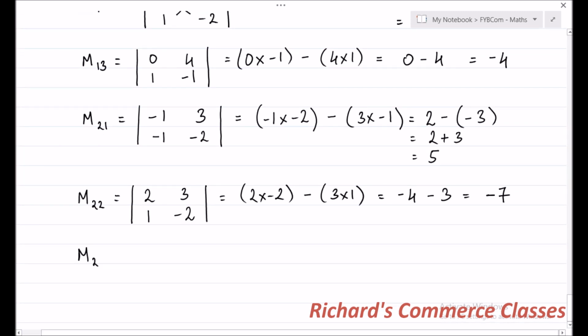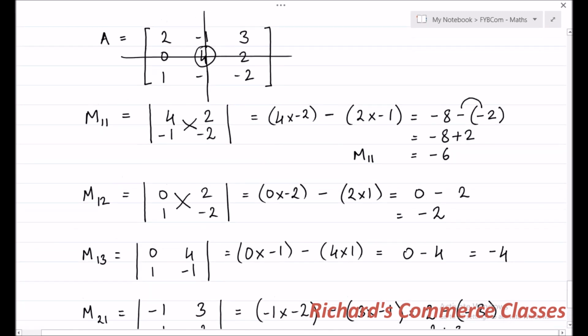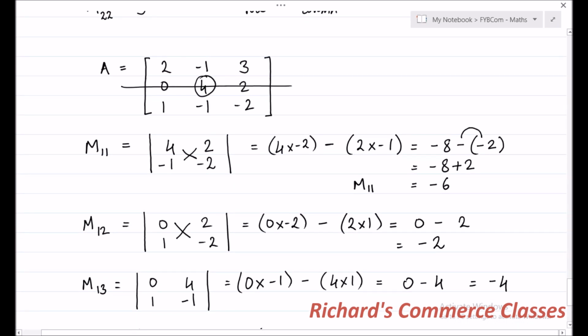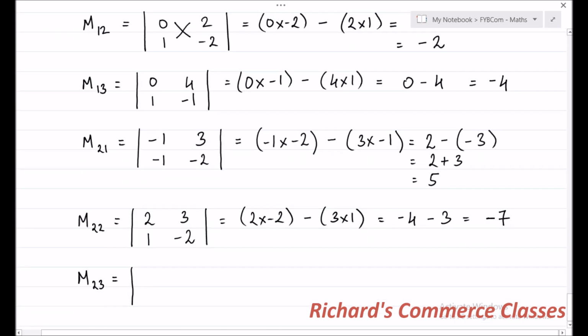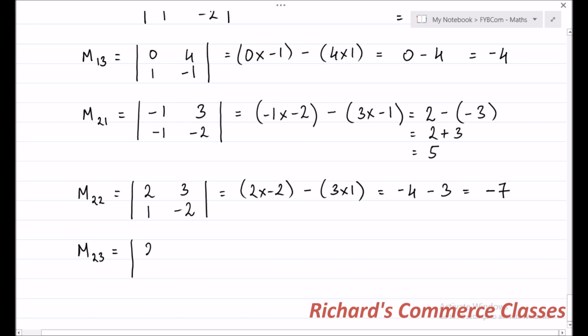The next element being M23, second row but third column. Let's see our original matrix. The next element M23 will be second row third column, and that is 2. Deleting the row and the column, it will be 2, minus 1, 1, minus 1.